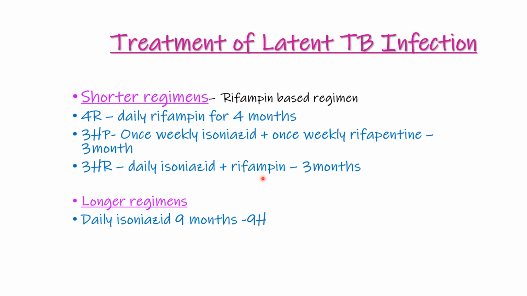Or you can take the longer regimen, that is daily isoniazid for 9 months. These are just recommended treatments, but you have to follow the guidelines of your specific country or specific hospital.